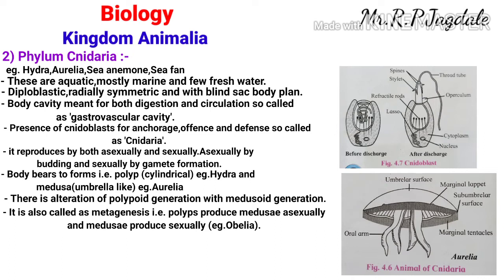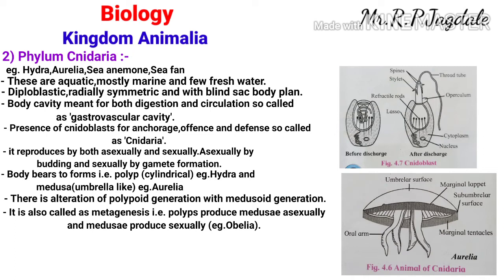The polyps produce medusae asexually, and medusae produce polyps sexually. That is the alternation of generation, meaning alternate asexual reproduction, then sexual reproduction, then again asexual reproduction. Polyps, after that medusae, after that polyps. That is called metagenesis. The best example is Obelia.